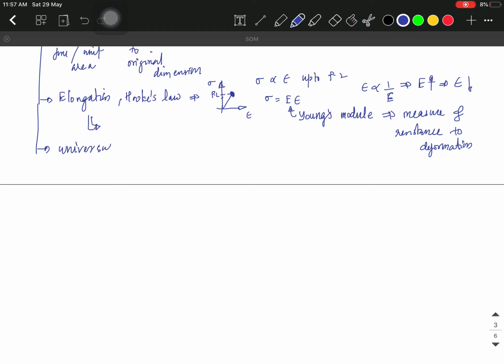Then we have the universal axial loading equation.